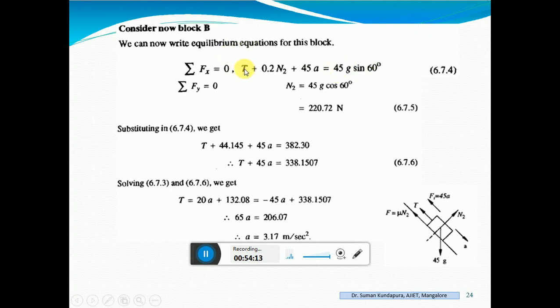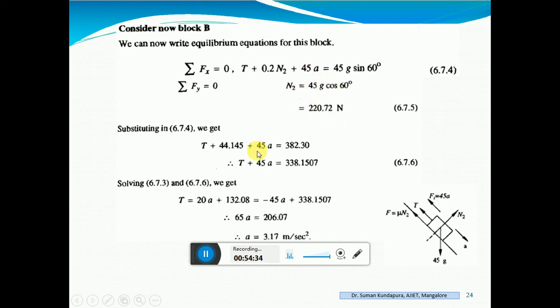So taking these three terms to the left hand side, or this to the right hand side, minus gets cancelled, all the terms will become positive, and substitute the value of N2 in this and get the equation. This 220 is for N2.